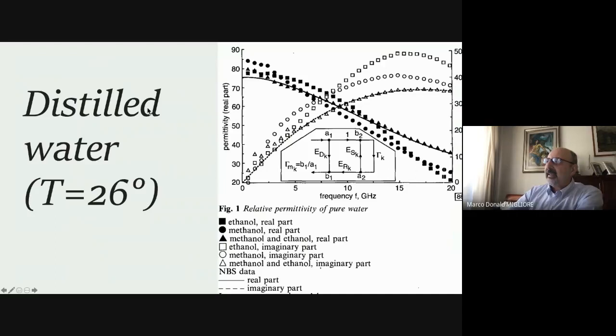This is just an example. We used ethanol and methanol, not perfectly pure in this case, and we reconstruct the water, the distilled water, and well, this is what we obtain when we use, let us say, two liquids calibration.